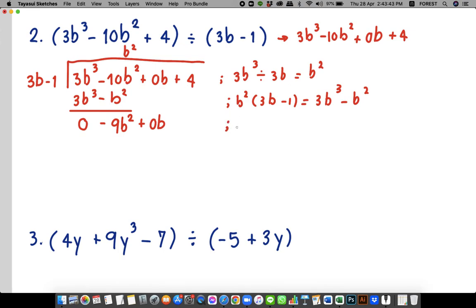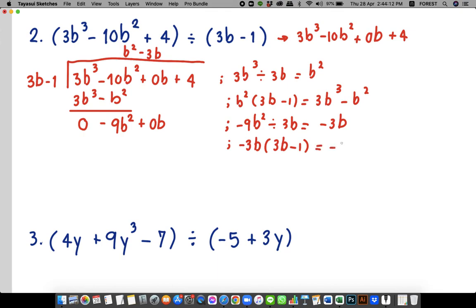Okay, next. Negative 9b to the power 2 divided by 3b. It is negative 3b. So I will put negative 3b here. And then negative 3b times 3b minus 1.